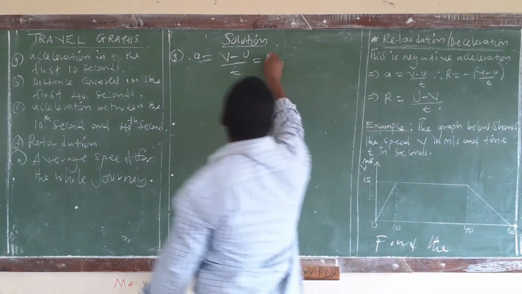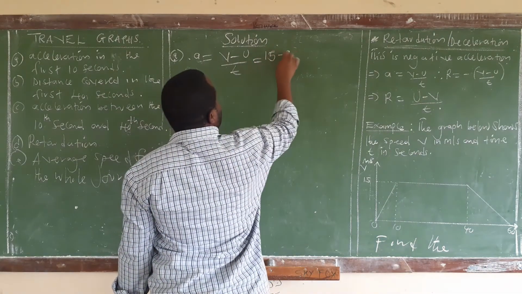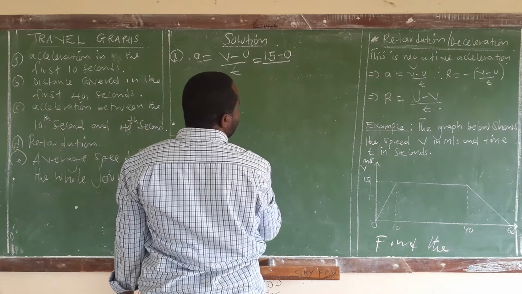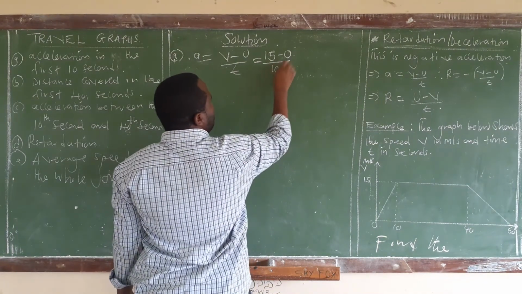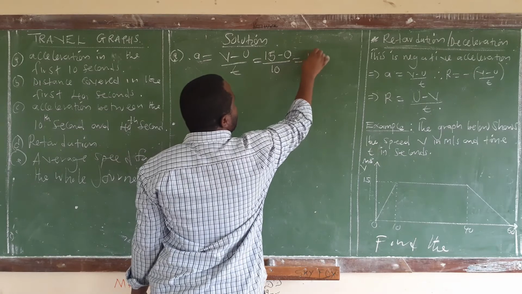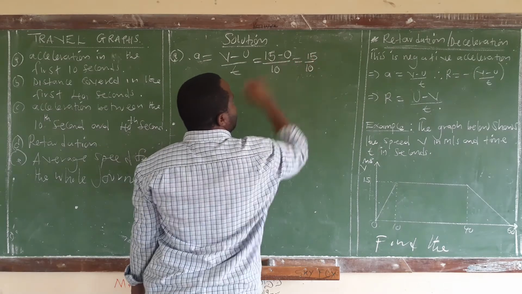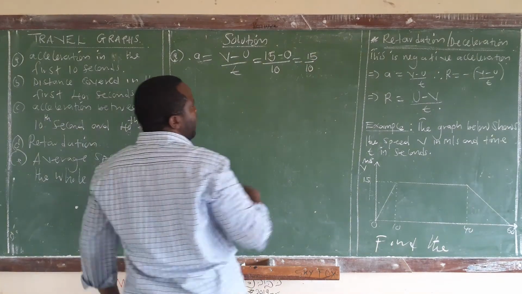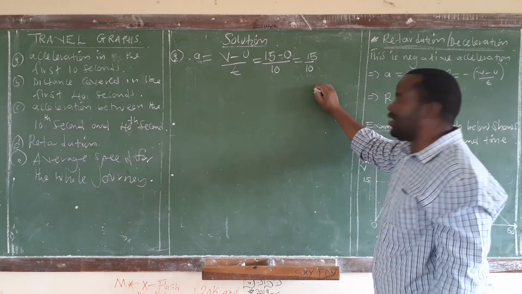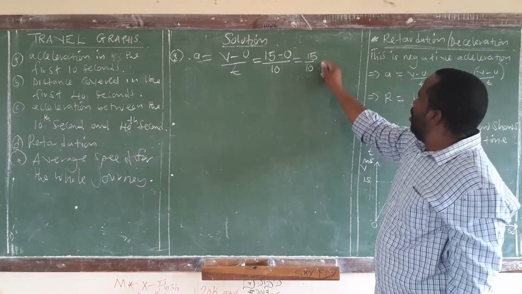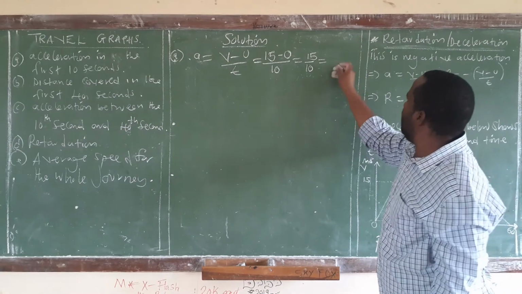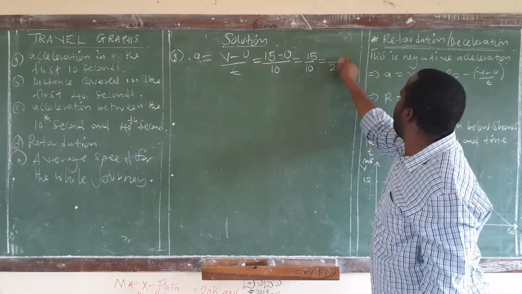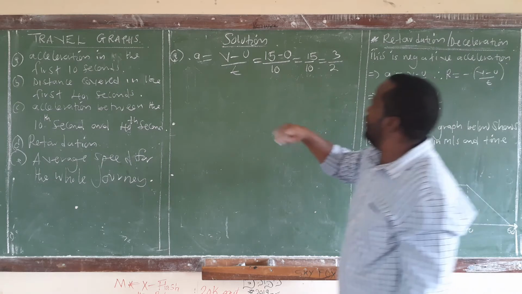So you have 15 minus 0 over 10, or 10 minus 0. So this will give us 15 divided by what? 10. So we can find the common factor here. It has a common factor, which is what? 5. 5 here will give us a 2. 5 there will give us a 3.